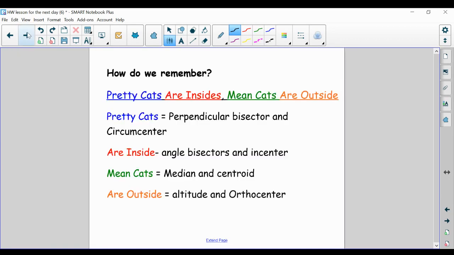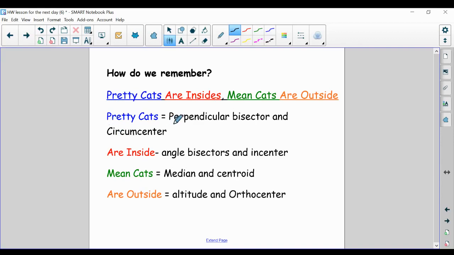Okay. So next one, how do we remember it? You can create your own way to remember it. In the past, my students created funny ways to remember things. So here's one example. Pretty cats are inside, mean cats are outside.